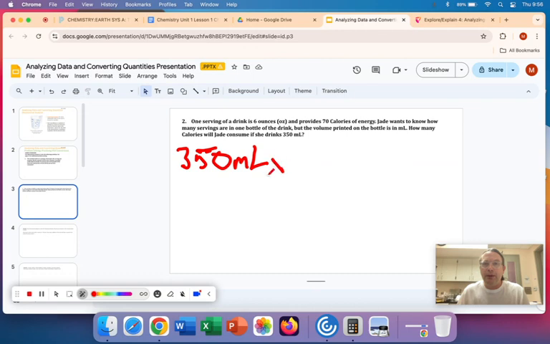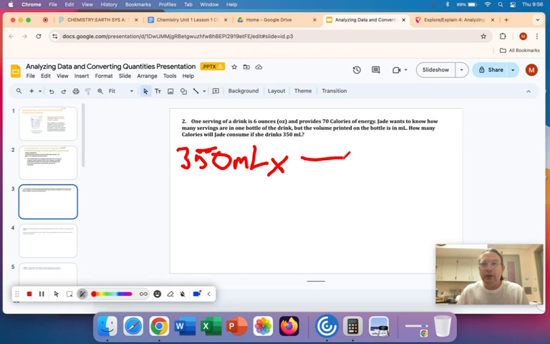And I want to know how many calories that will be. It says 6 ounces will provide 70 calories. So first I have to know how many ounces is 350 milliliters.